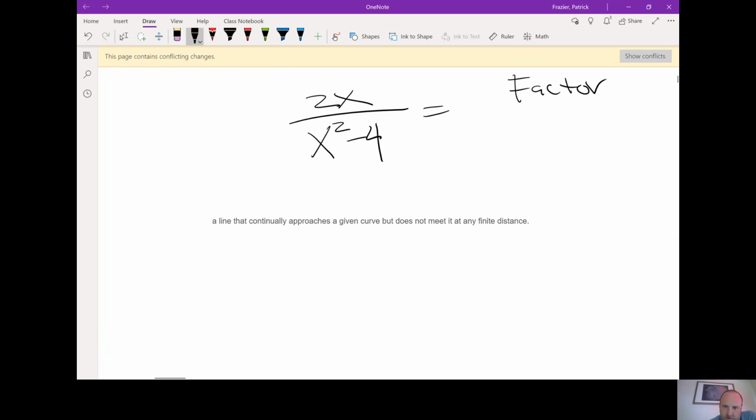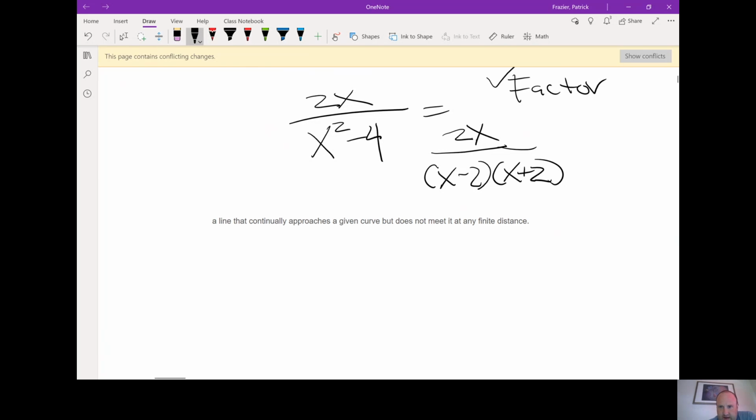So x squared minus 4 is the difference of squares, because x squared is just x times x, and 4 is just 2 times 2, but it's also negative 2 times negative 2, so we could rewrite that as the denominator, that is, and, well, the numerator at the same time. We're going to have 2x over x minus 2 times x plus 2.